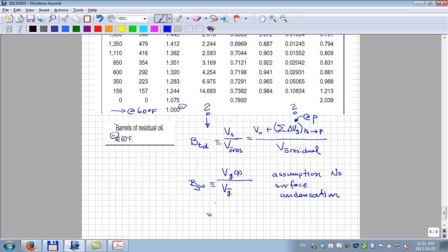And that can be calculated simply from this equation here. So in essence, it's just a translation of what's being reported otherwise, the pressure and the Z factor.